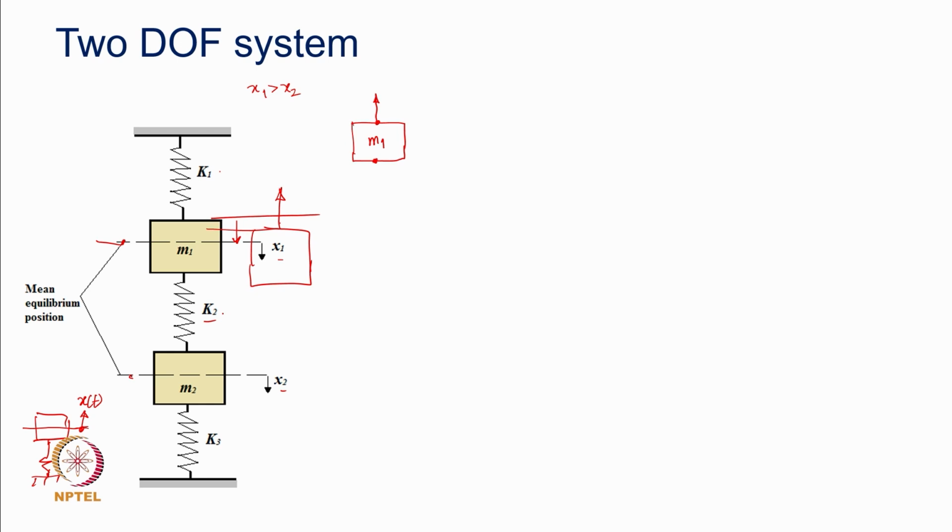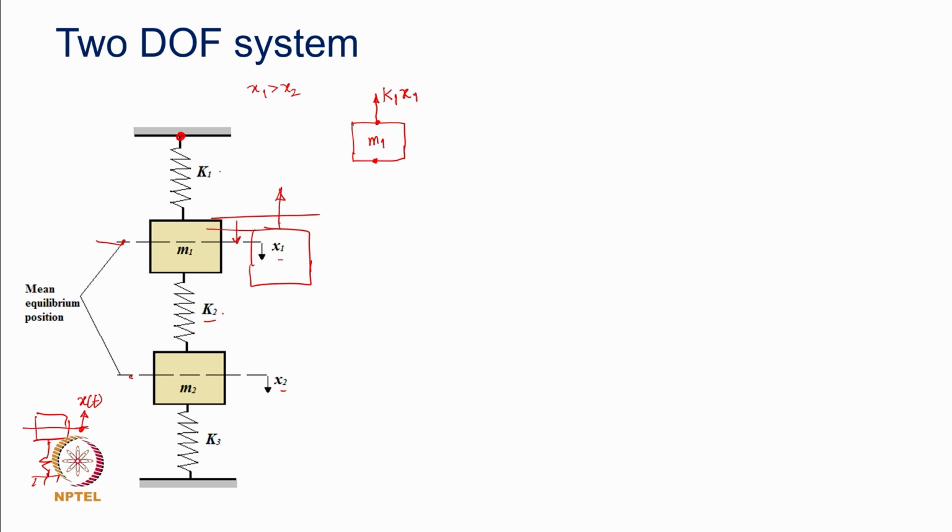We all know that an ideal spring will have its restoring force proportional to the stretch in the spring. Now, one end being fixed here, the total stretch will be that of the motion at the other end, that is x1. So, the restoring force here will be k1 times x1.